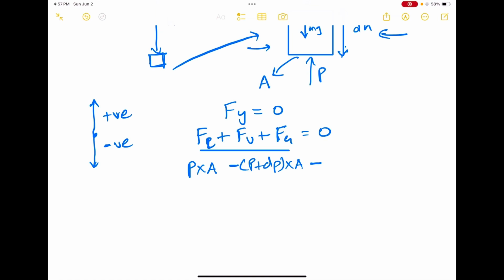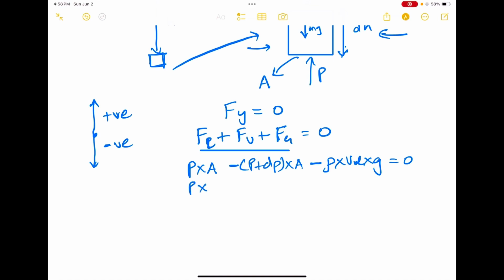Mass of the fluid element will be equal to the density of the fluid times its volume, times the gravitational acceleration. We will equate this to 0.